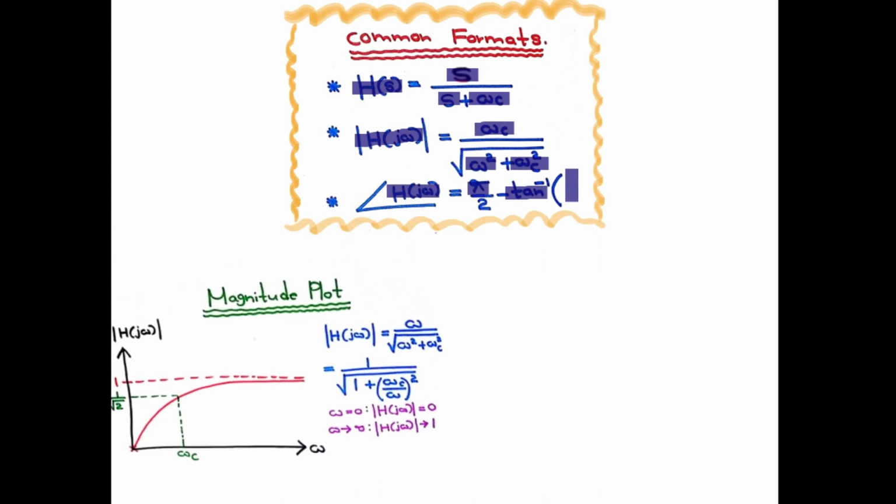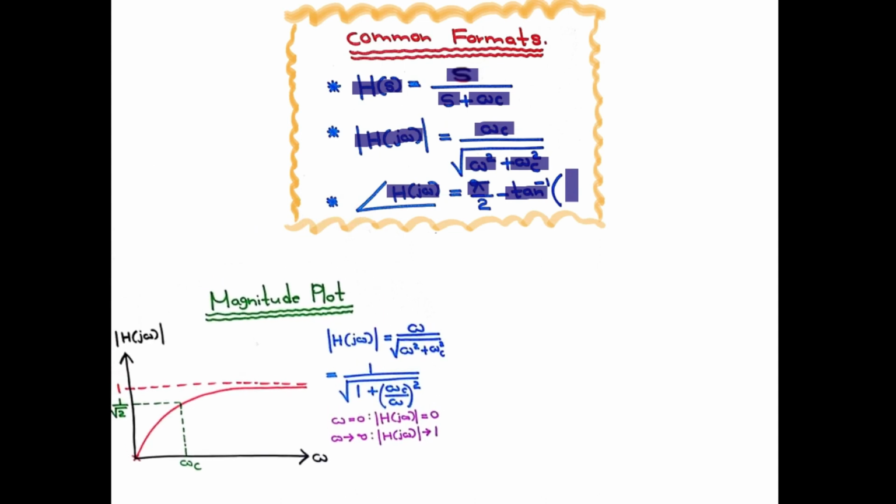Okay. Here, now we are going to see the plots. First, the magnitude frequency plot. As you can see here, we can observe the x-axis is omega, which is the angular frequency, and the y-axis is the magnitude of the transfer function. Before coming to the plot, let's observe some maths.